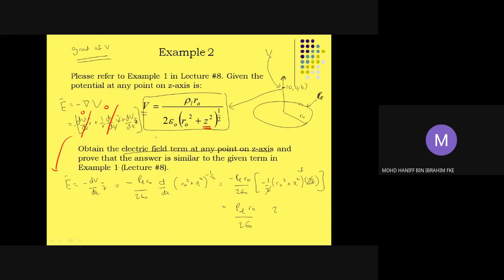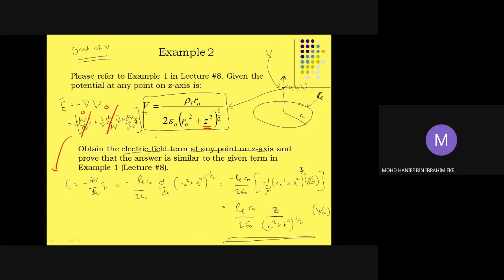My mistake, I should put negative 3 over 2 there because we have negative half, and when we differentiate we get negative 3 over 2. So we are going to have Z divided by R naught squared plus Z squared to the power of 3 over 2, in volt per meter. That should be our electric field, calculated at the point 0, 0, Z.